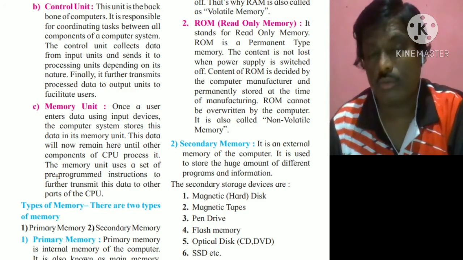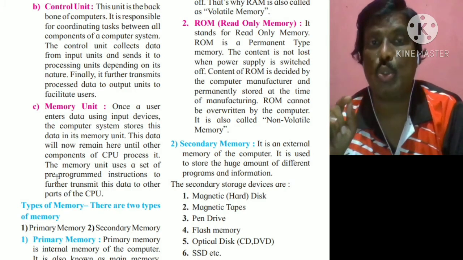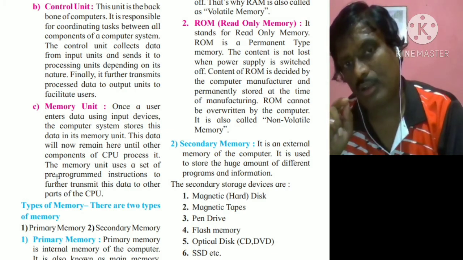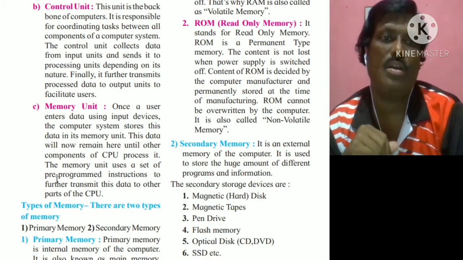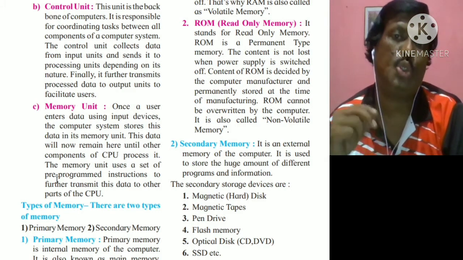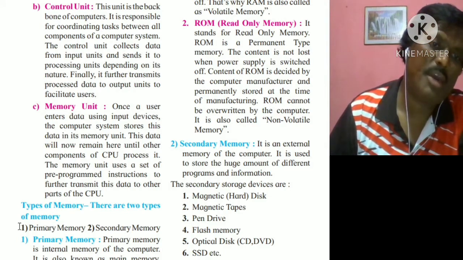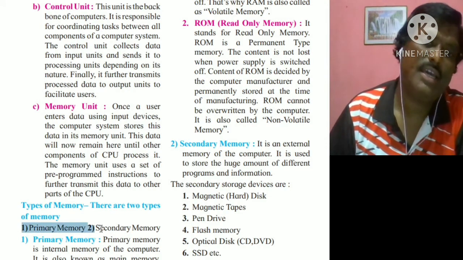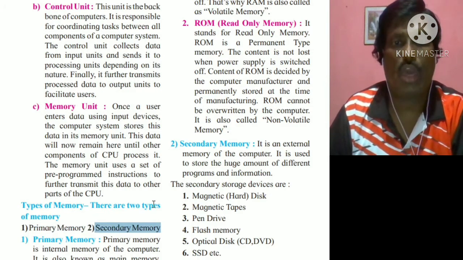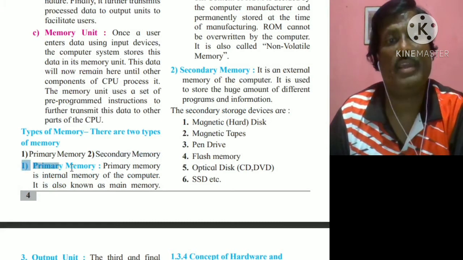Now remember one thing, memory unit is used to store the data. Okay. Now, the memory unit is again divided into two different types, that is primary memory and secondary memory.